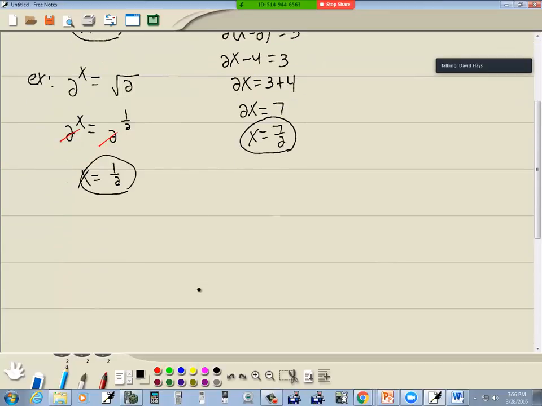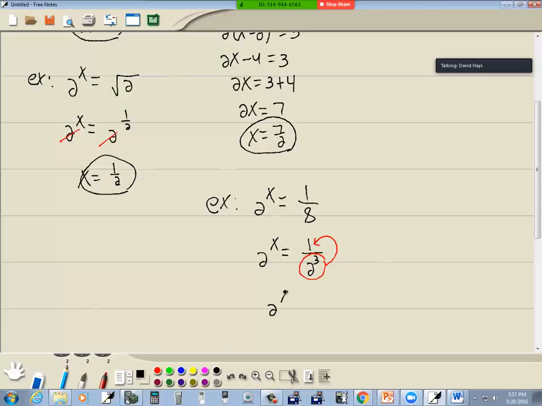Now one more of the same type that we saw earlier. Like if I got 2 to the x is equal to 1 over 8. Well, 8, remember, was 2 to the 3rd. And we did a little trick earlier where if you had 2 to the 3rd in the denominator, you can move it up to the top, to the numerator.